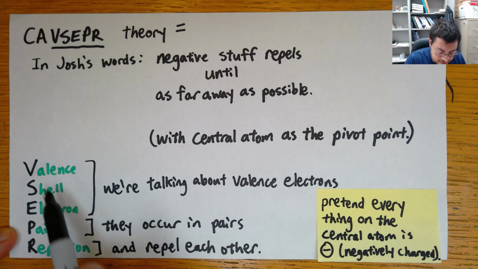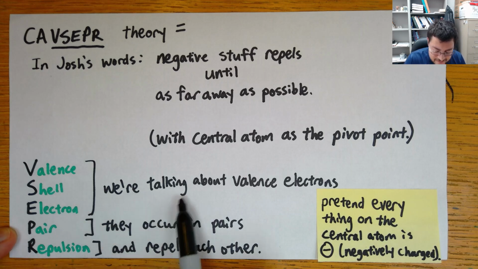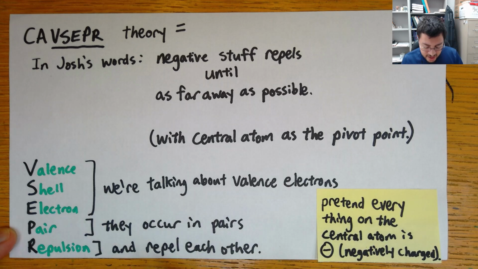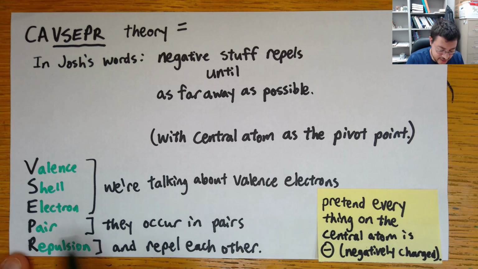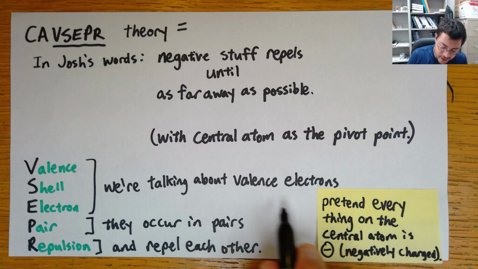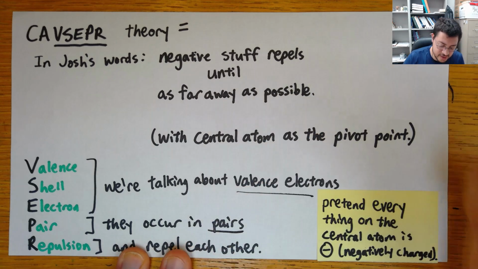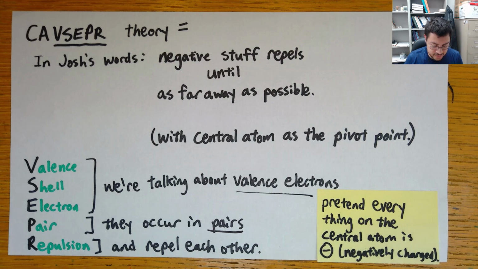Valence shell electrons just means we're talking about valence electrons, the electrons on the outside we've been talking about forever. And valence electrons occur in pairs. Bonding electrons occur in pairs. Lone pairs occur in pairs. So we're talking about valence electrons occurring in pairs. That's not too bad. And then we've got this other word, repulsion.